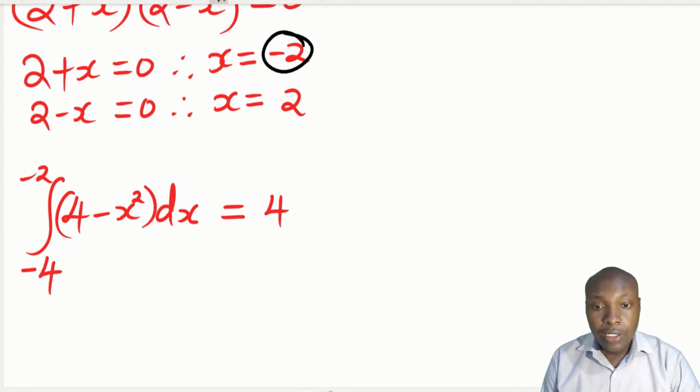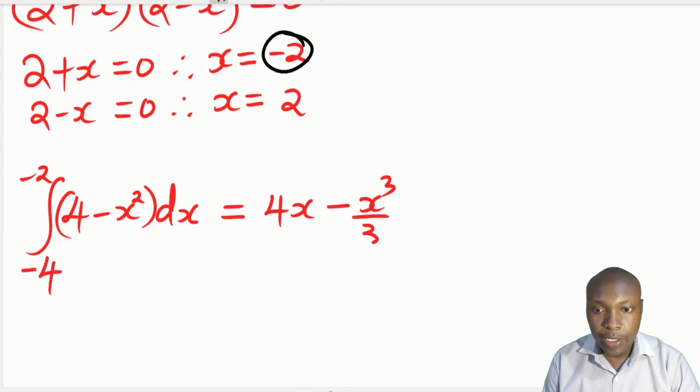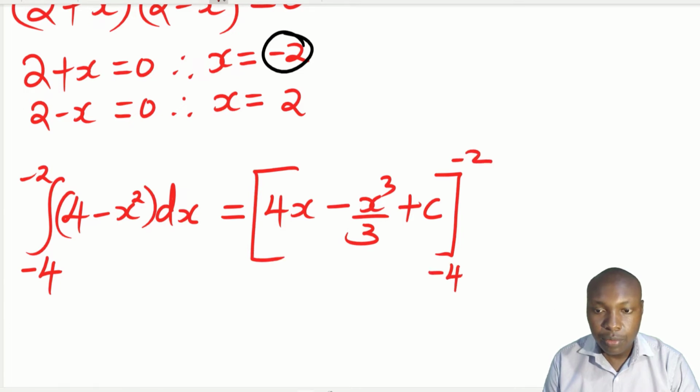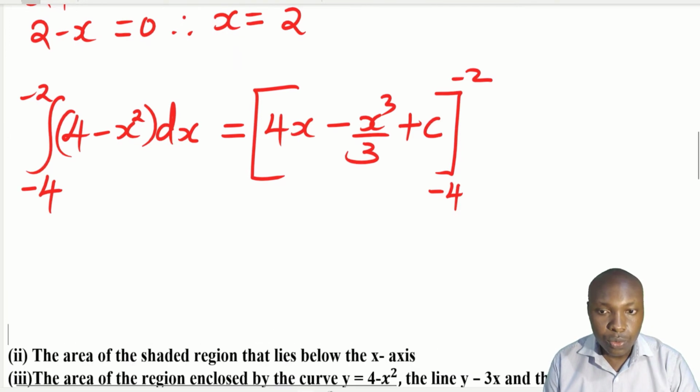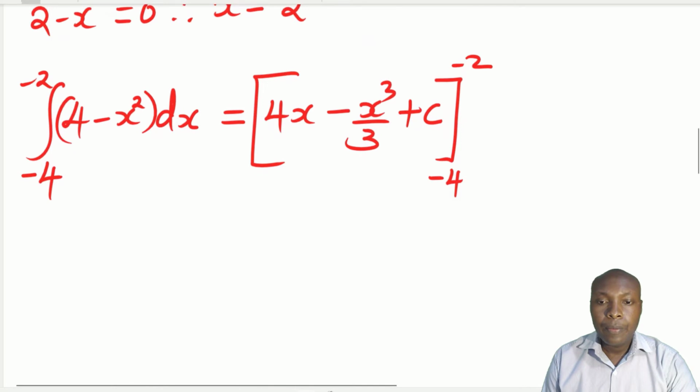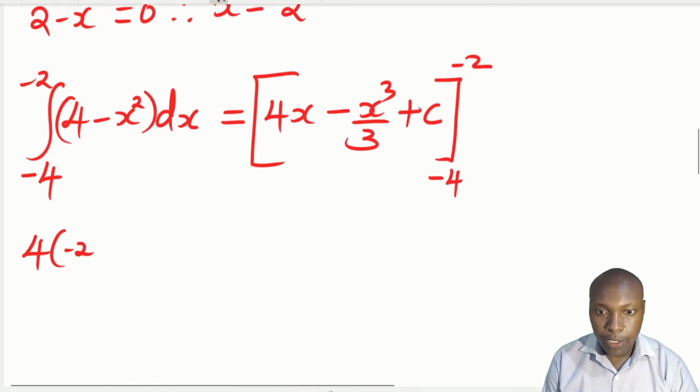Now working out these, integrating these, you get 4x minus x cubed divided by 3 plus a constant c, in square brackets, and then the limits from -4 to -2. Now substituting these to get this area, we start by substituting -2.